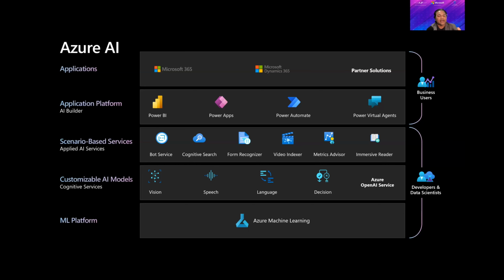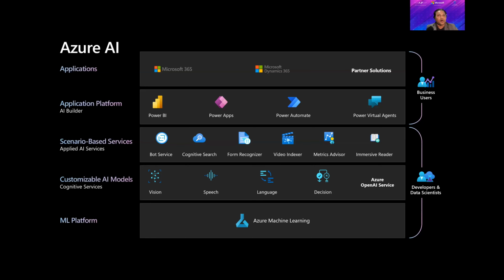Right? So under that, we have a set of cognitive services. These are pre-trained AI models which are purpose built for specific purposes. For example, the bot service is what a chatbot would use to connect to a bot. There is cognitive search that can allow you to create an enterprise search out of all the data you have within your enterprise.